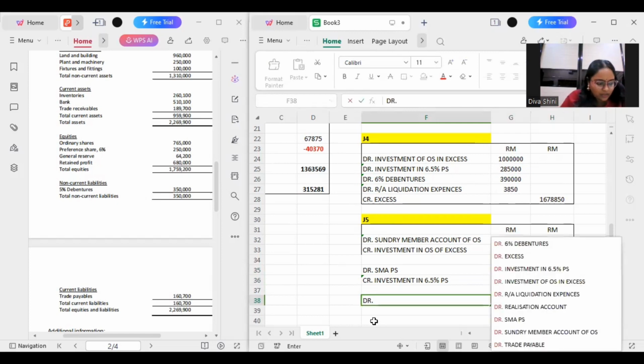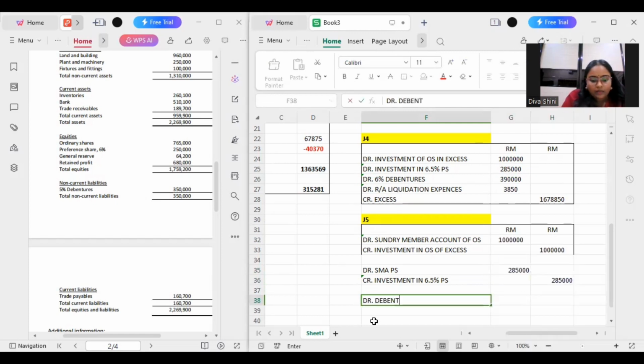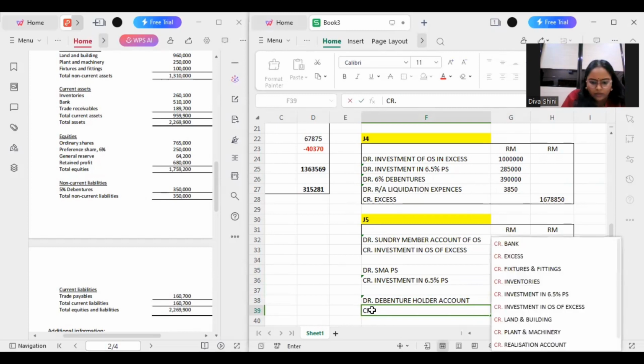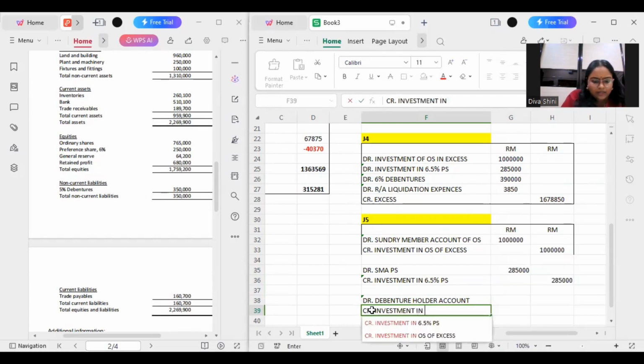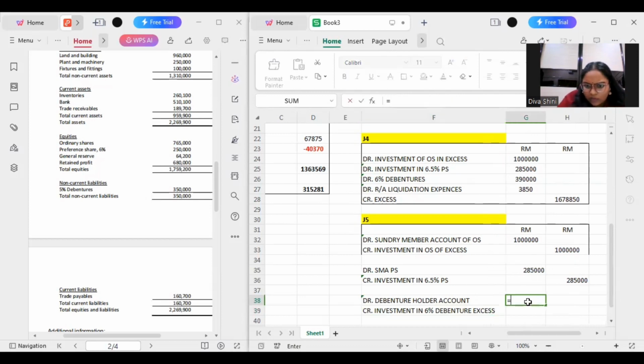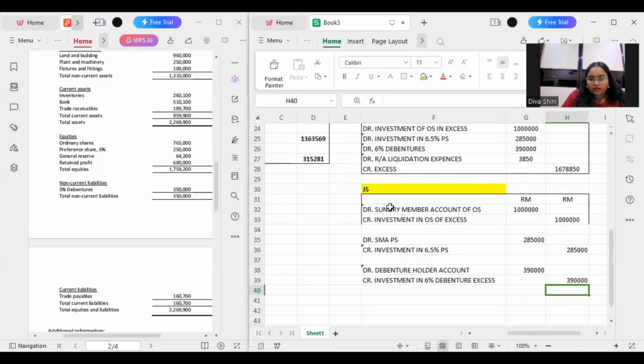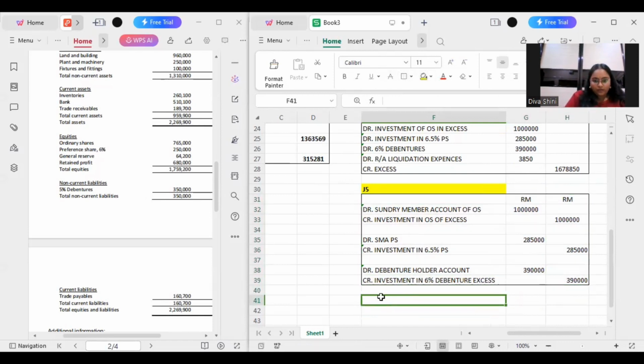So for debentures, a debit is debenture holder account, and the credit is investment in 6% debenture excess. So this amount also from J4. We should not enter the realization liquidation expenses in journal 5. So that's all for journal 5.